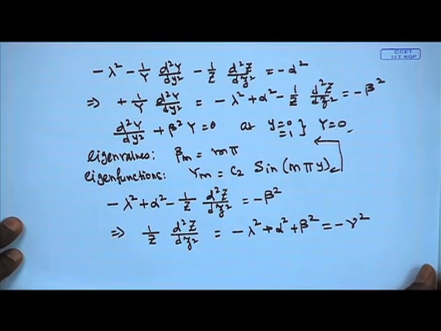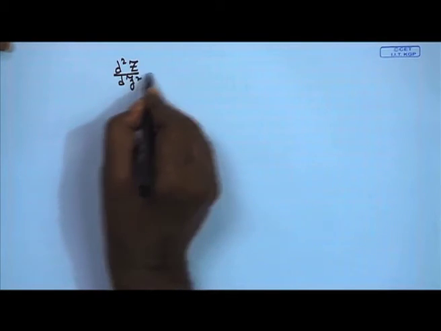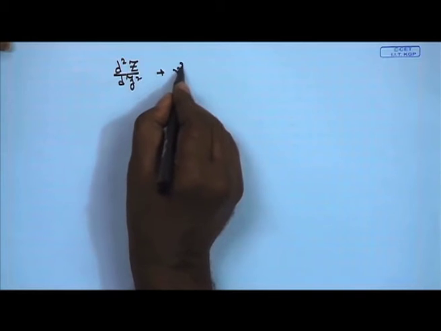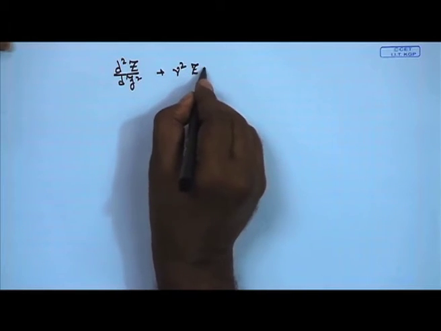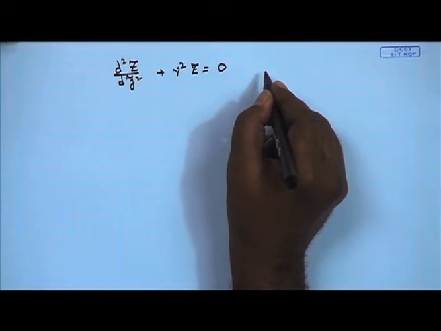Now, let us formulate the governing equation of the z varying part. It will be d square z dz square plus gamma square z equal to 0, and the boundary conditions of the z varying part must satisfy the boundary conditions of the original problem.